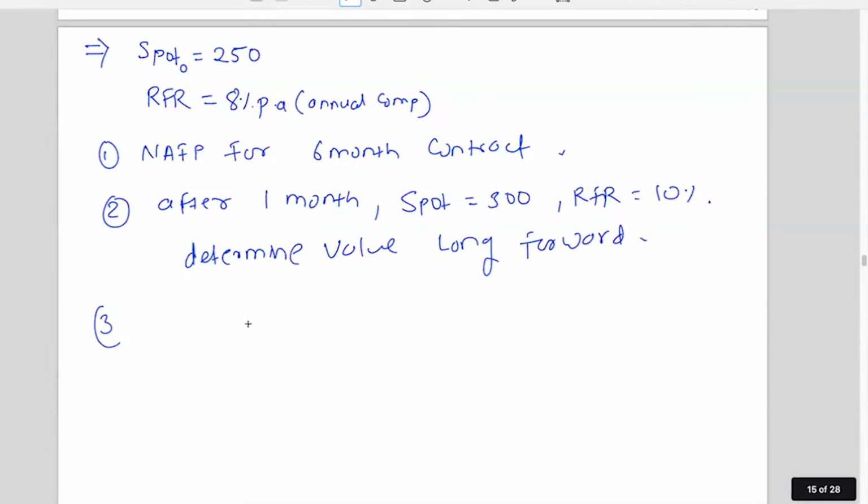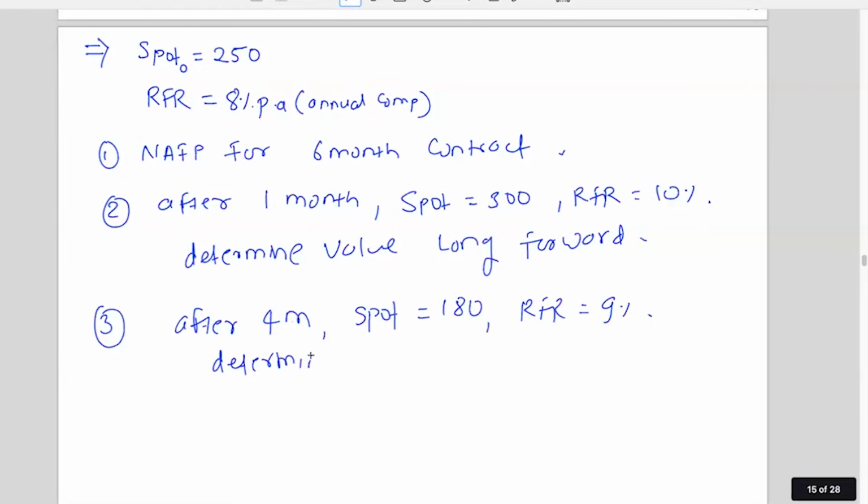And third, which is independent of second one, let us say after 4 months, the spot price has fallen down to let us say 180, RFR has become 9%, then determine what should be the value to the short position.